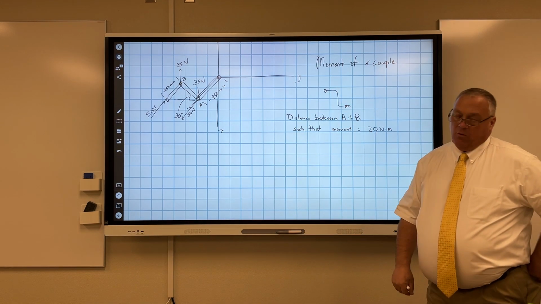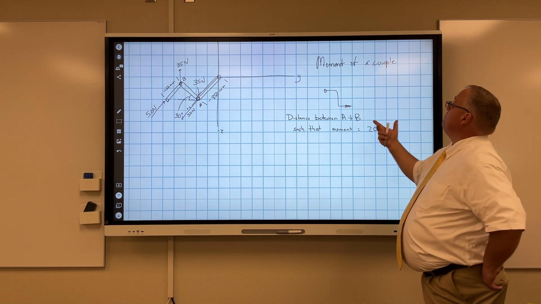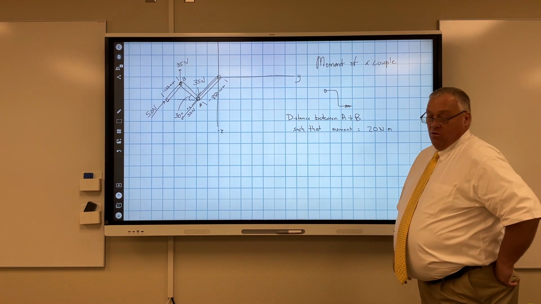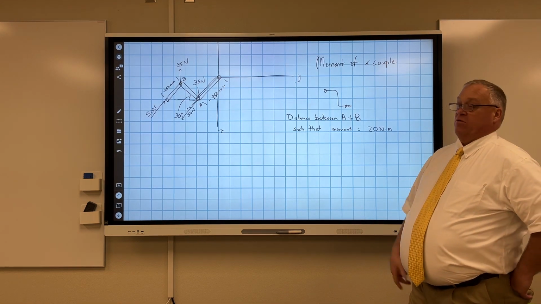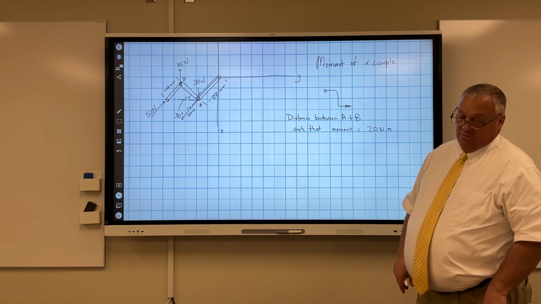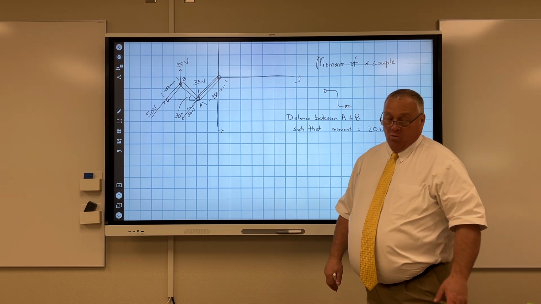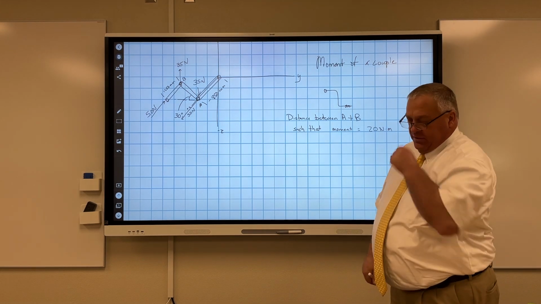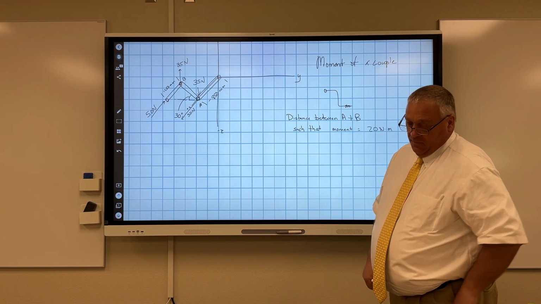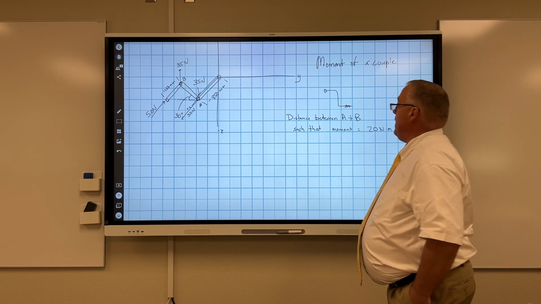Now, what is a moment? Moment is another word for a couple, or rotation, or torque, if we want to go in that direction. So we want to see how we can calculate this out.